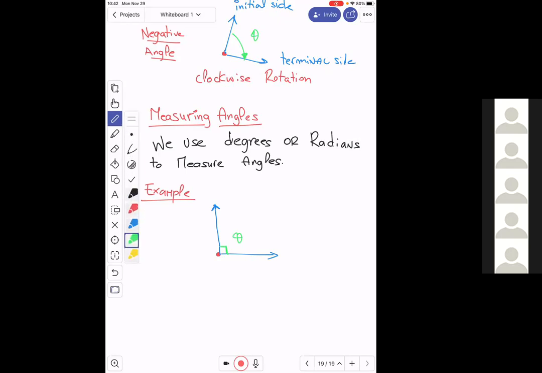Again, this is, let's say, the initial side, and here's your terminal side.